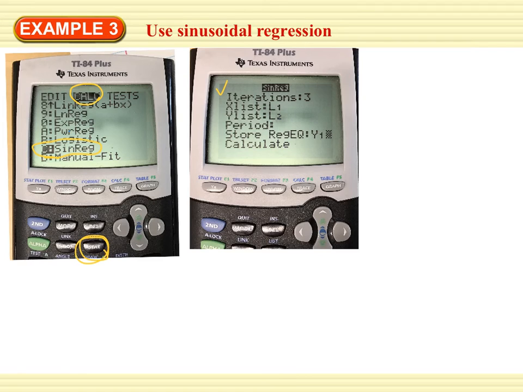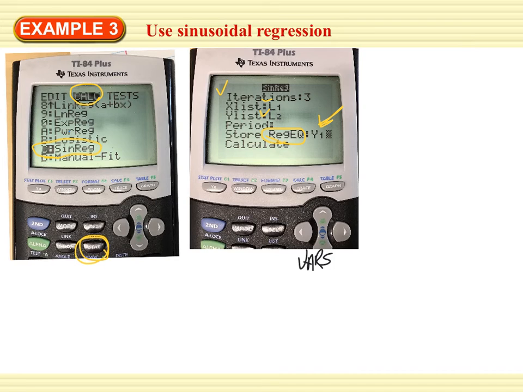After I hit enter, this is where I am right now. Iterations 3. This is where I put the data in list 1 and list 2. I don't know the period. I do want to store my equation, so my regression equation, I'm going to store in Y1. Down here, you're going to see a vars button.